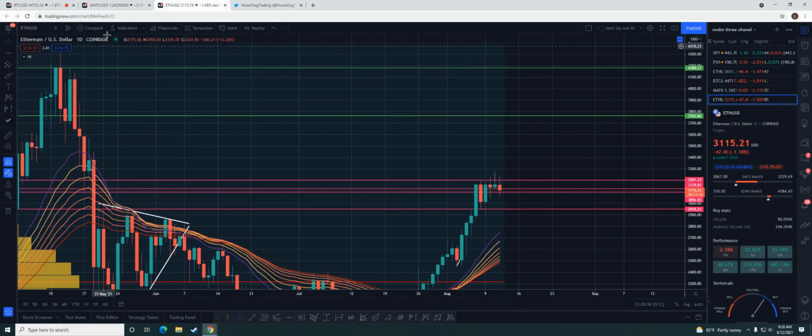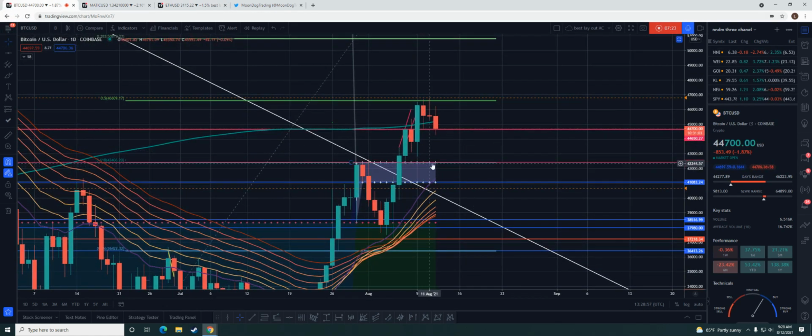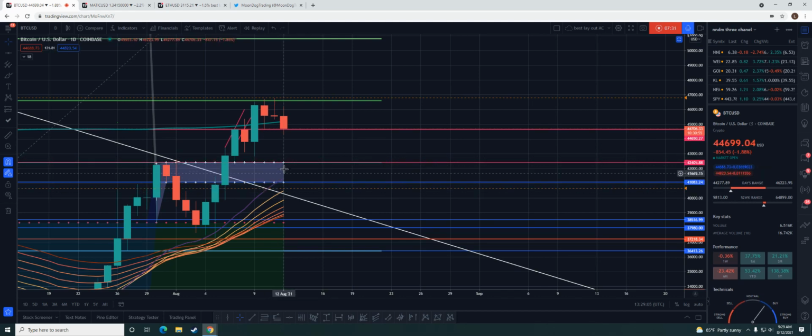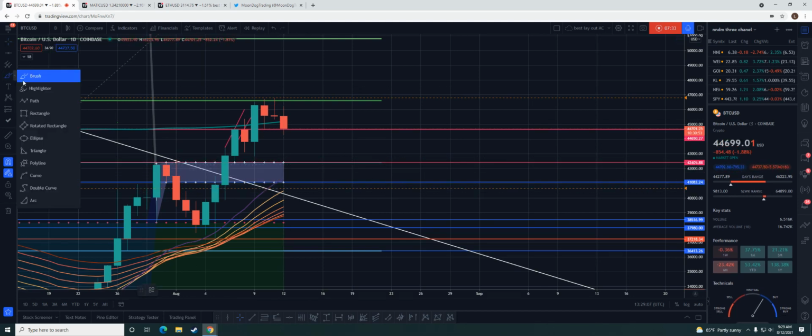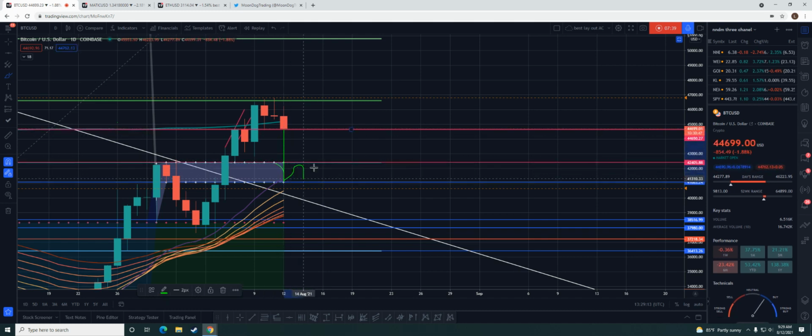But yeah, right now, short-term bounce, but I'm leaning more towards this area down here and this area down here for a potential pullback and a bounce, or to get back into this range here. We could come down and then do something like this, and then go back up.